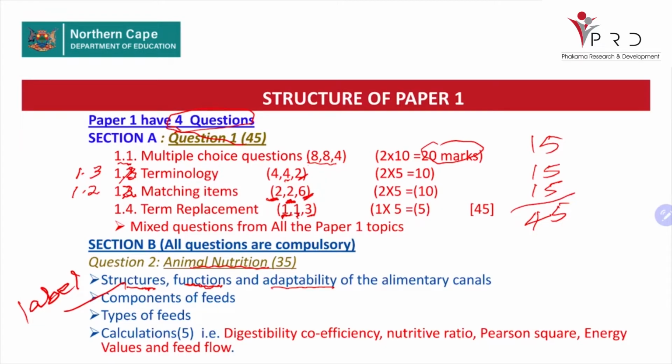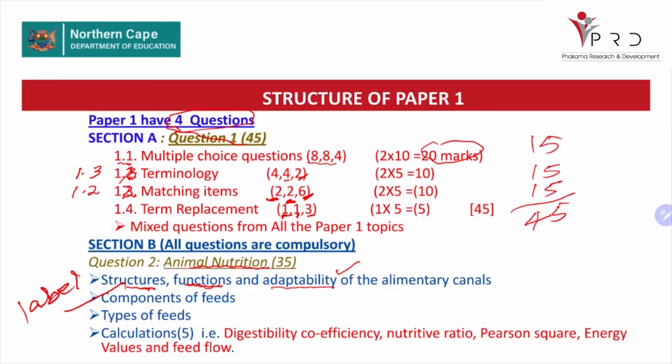Because we know food is ground by teeth, but in the gizzard there are no teeth. So how is it adapted? So that's why we have to look at adaptability, and examiners will talk about suitability. So you need to understand the terms. So in the structure, you must know the structure, you must know the parts of the structures, you must know the functions, and you must know the adaptability.